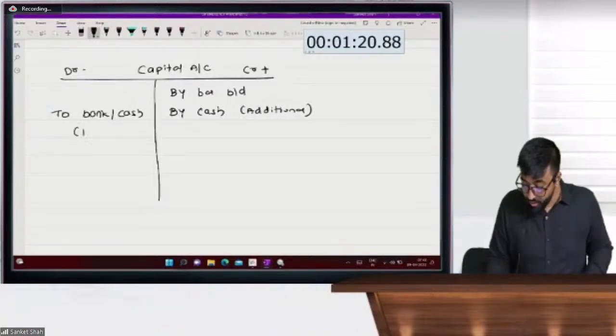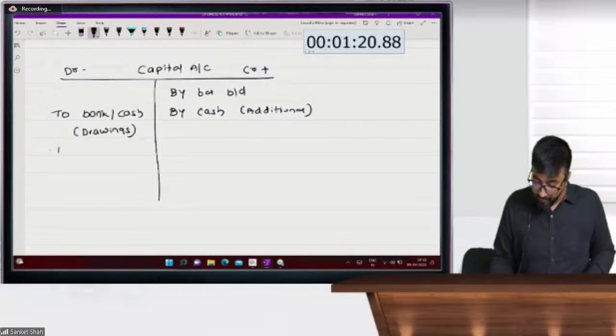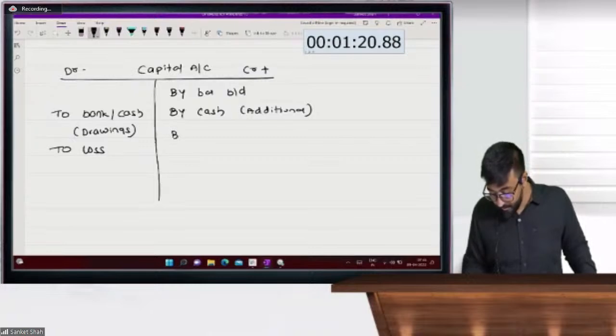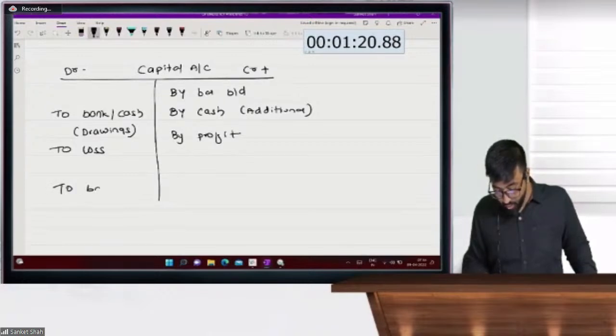Drawings, loss will reduce your capital, and profit will increase your capital, and to balance carried down.